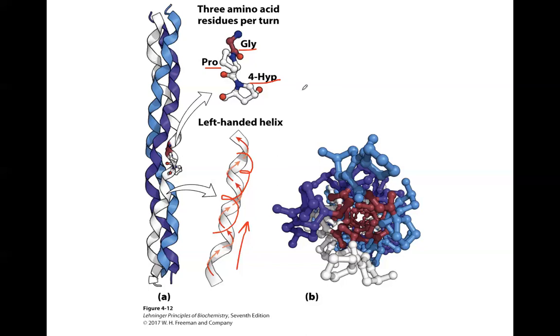Sorry, could you repeat what the three of them form again? So they alternate. So 3 amino acid residues per turn. And these 3 amino acids in most cases are glycine, proline, and 4-hydroxyproline. Is that what you asked? I meant the three left-handed helices. They form a right-handed helix. Right-handed triple helix. Triple. Okay. Thank you. Right-handed.